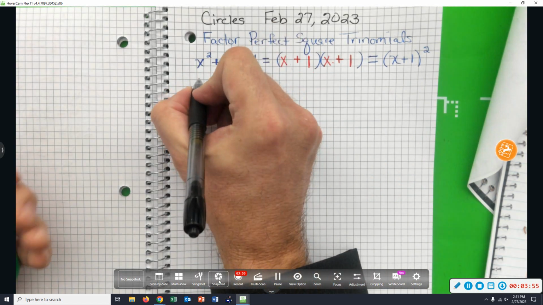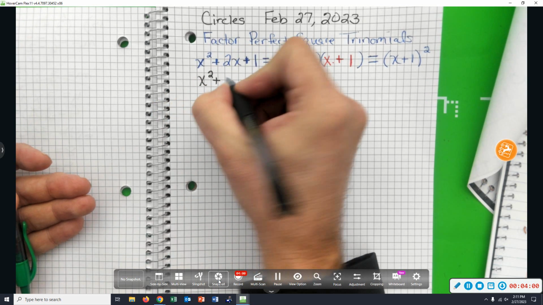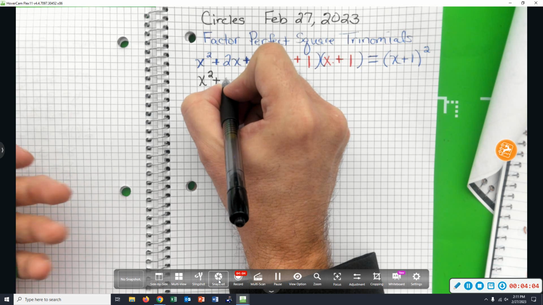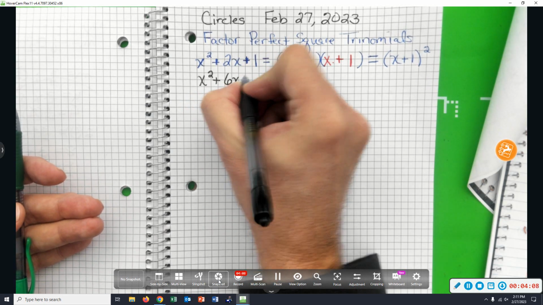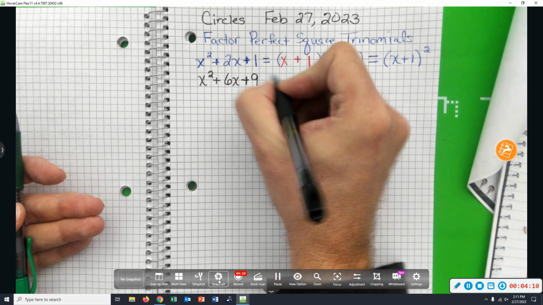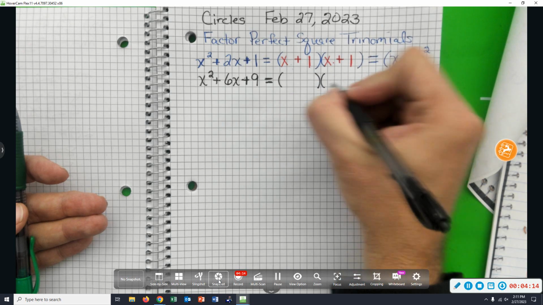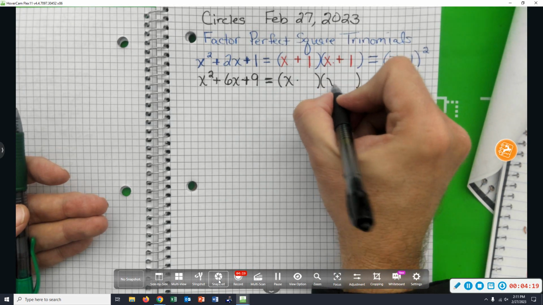Here's another one. Let's try to factor this perfect square trinomial: x squared plus 6x plus 9. How would y'all factor that? x and x.